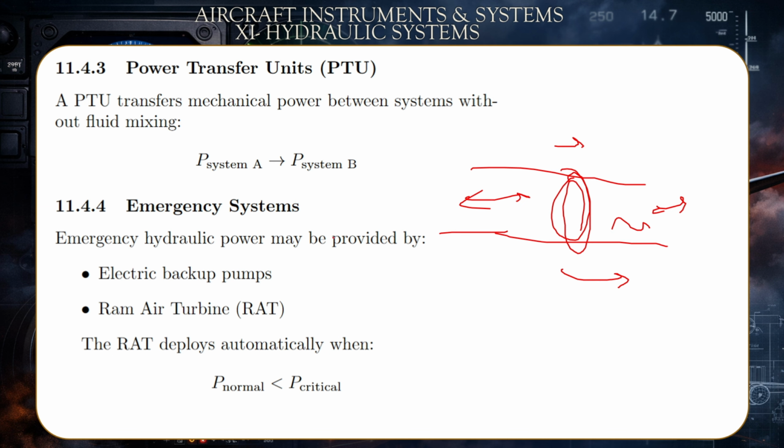Now, let's talk about emergency systems. Emergency hydraulic power may be provided by electric backup pumps and the RAT, or ram air turbine.